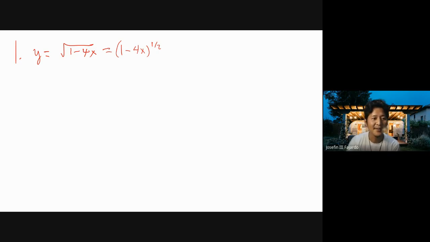So to get the derivative of this, magiging ang u natin dito ay yung 1 minus 4x. So if we let u to be 1 minus 4x, and then we get u prime, this will be negative 4. So if I get y prime, what happened? Parang u to the n ulit yan. So ang n natin ay 1 half.